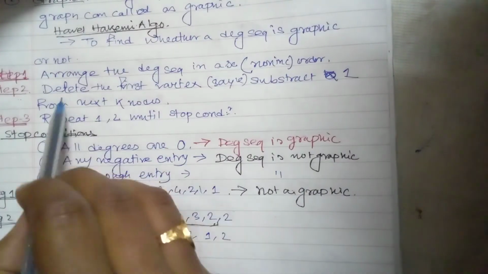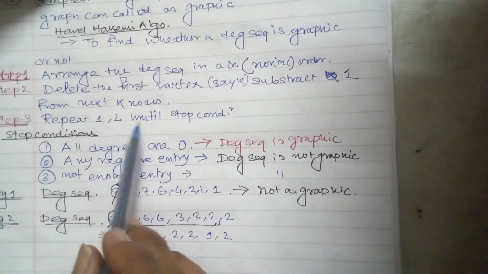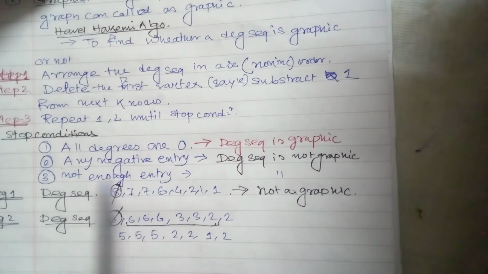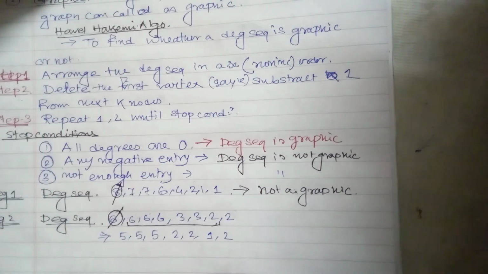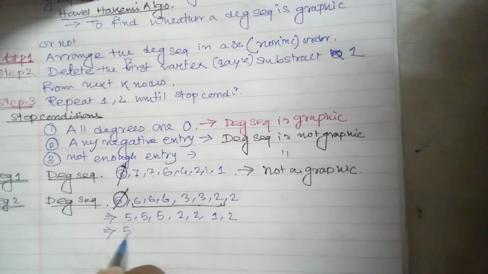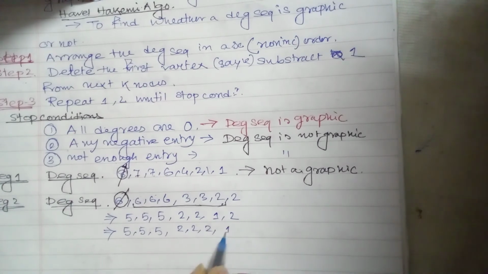I have done the first 2 steps, then repeat 1 and 2 until a stop condition. As you can see, we haven't come to a stop condition here, so we go to step 1, arrange the degree sequence in non-increasing order. This is not in non-increasing order, so I arrange it: 5 5 5 2 2 2 1.